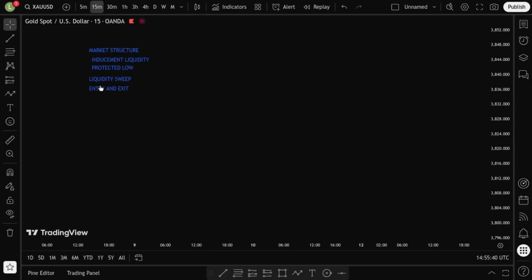First is market structure. I will do a quick example here. Let's go straight to the charts.